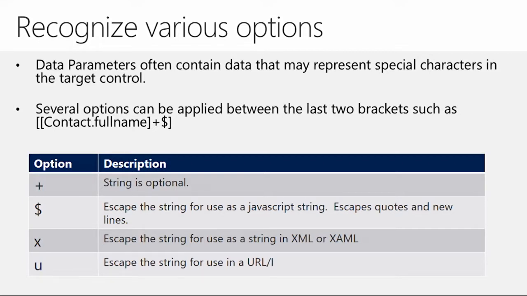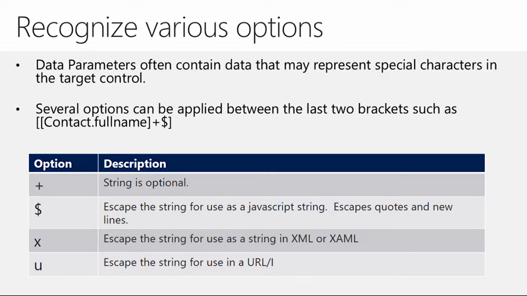Well, a lot of times when you start talking about JavaScript in different scenarios, there are special characters that recognize it as JavaScript, which might interfere with what you're trying to do from a data parameter standpoint. Same thing with URL strings. There are a lot of special characters inside URL strings that might interfere with what you're trying to do when you're populating specific situations from an application perspective. So they understand that's a scenario that could come into play as part of Unified Service Desk. So they give you some different options around these data parameters to represent specific circumstances that they may encounter.